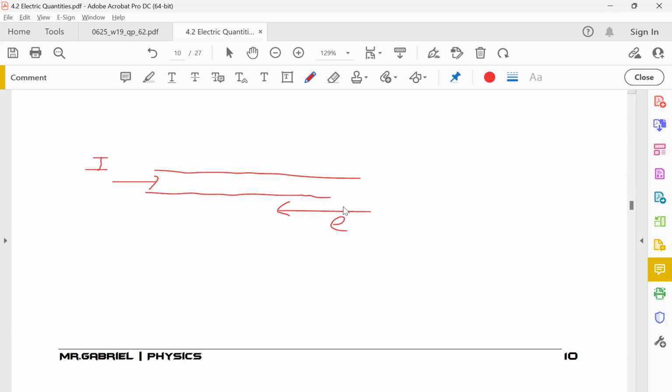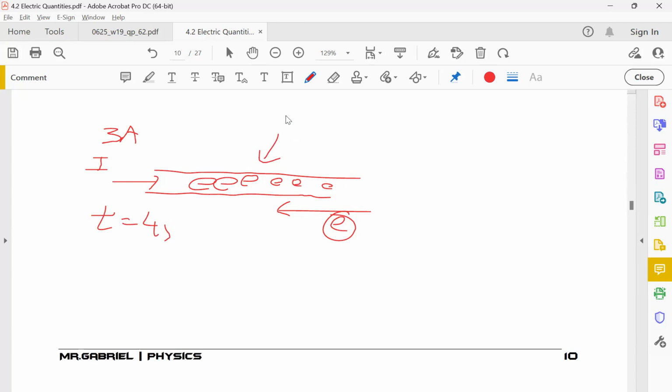The only reason why current flows in a wire is simply because there are flows of electrons in the opposite direction. Now, let's say, for example, this wire has a total of 3 amperes of current flowing for a total time of 4 seconds. I can actually calculate how much charge is inside this wire.